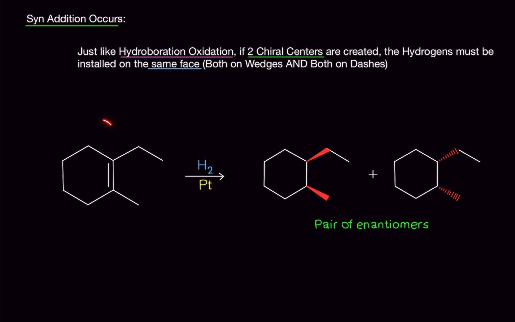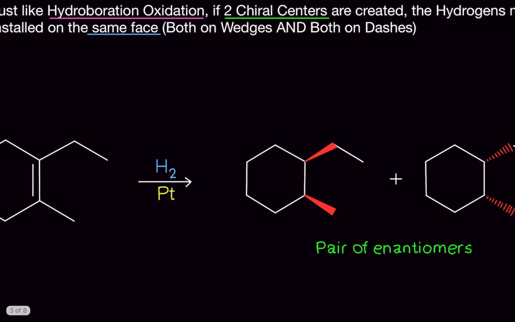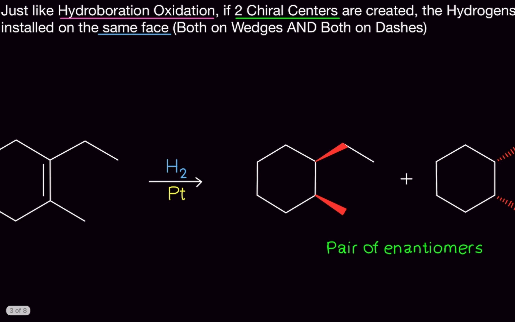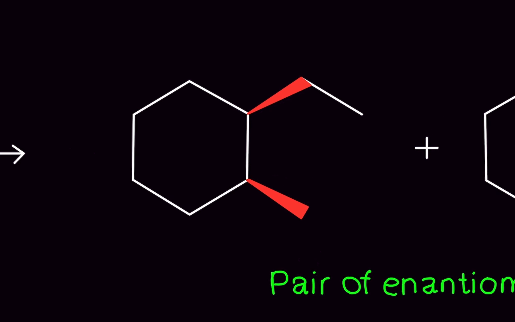So here we have our alkene. We do the reaction, and you'll notice that this ethyl group gets installed on a wedge, and this methyl group gets installed on a wedge. The hydrogens are not shown because you do not need to draw the hydrogens. In reality, the hydrogens are on dashes here, and that's Syn addition.